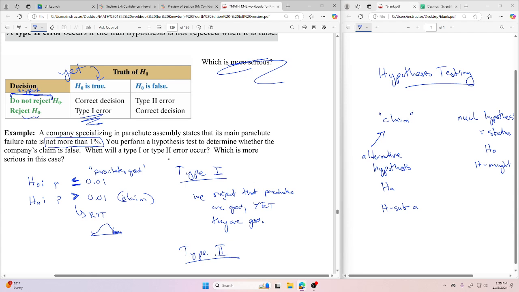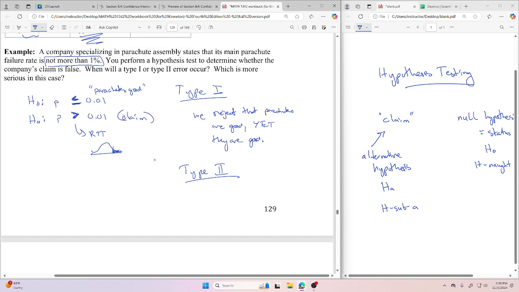We like parachute good, and yet the parachutes were bad. So we support. I don't like that word, but it's okay. We're going to use that word for other stuff later. We support that parachutes are good, yet they are bad.